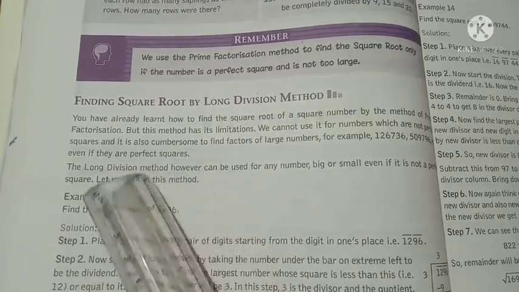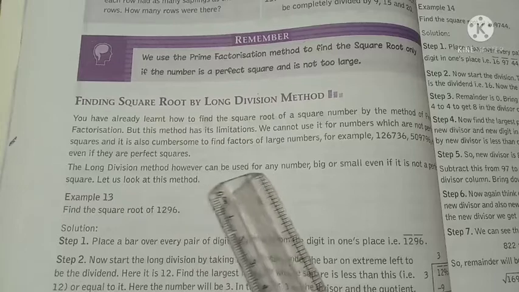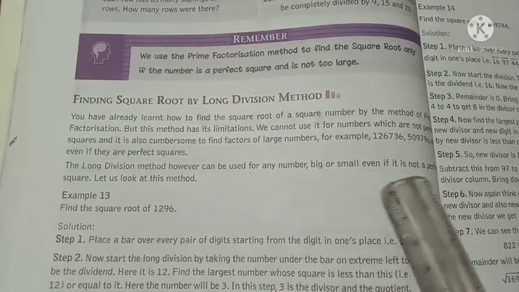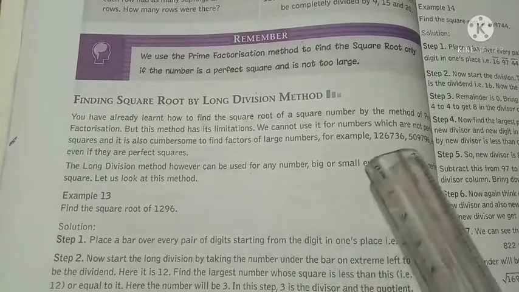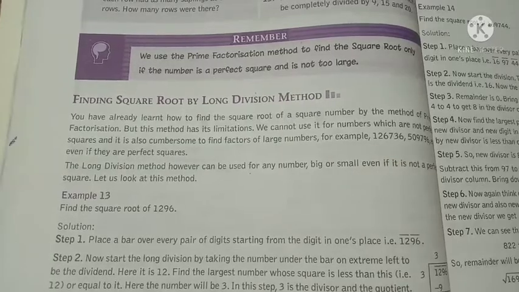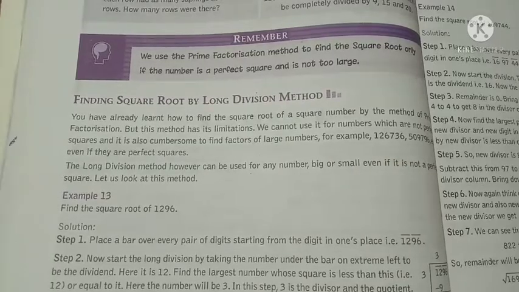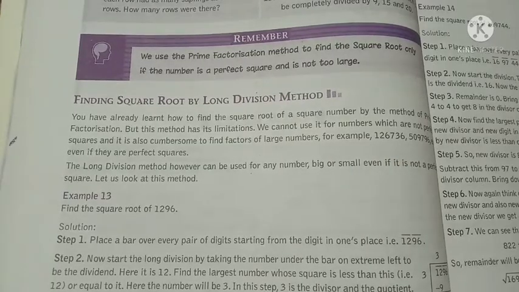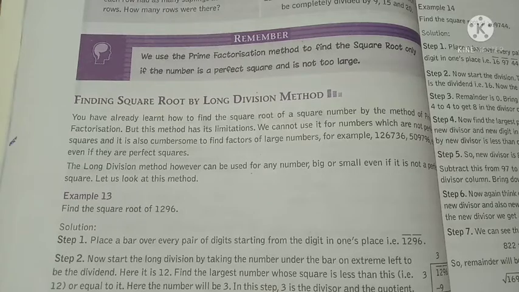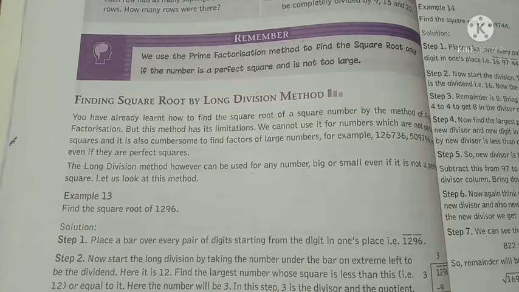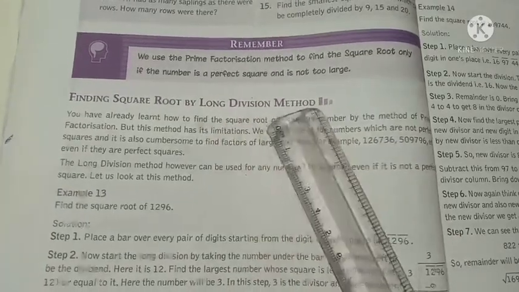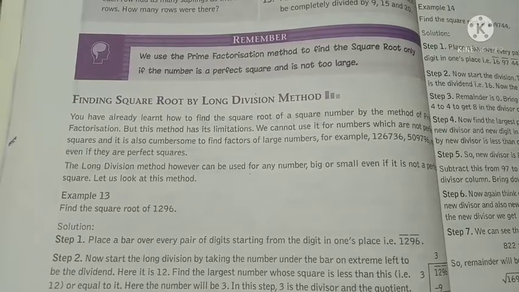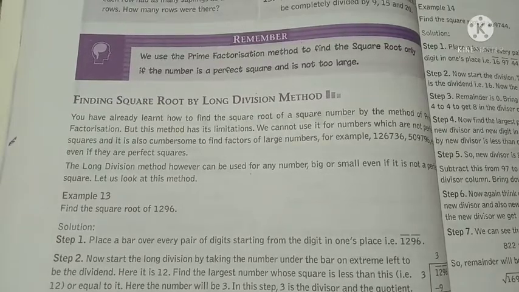It can be used for any number, big or small, even if it is not a perfect square. And especially, this division method is to find the square root of larger perfect square numbers. If the numbers are very large, we can use this division method. It will be very easy for them. So this is the division method. We have seen how to find the square root. The first one is by what?